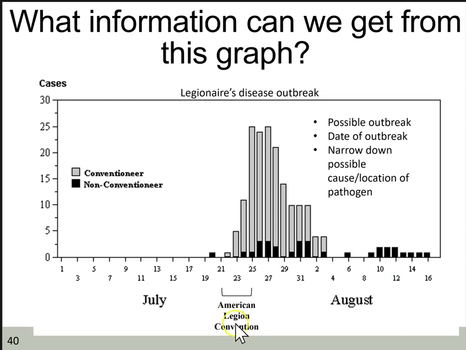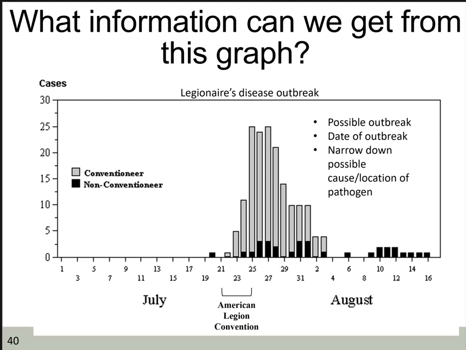So here we have the American Legion Convention. So what we can do is we can take a graph like this and see what particular things were occurring in that city around that time. In this case, there was an American Legion Convention in which elderly men were meeting together at a conference hall, a hotel, and this particular microbe that causes Legionnaire's disease was found in the water towers of that hotel.